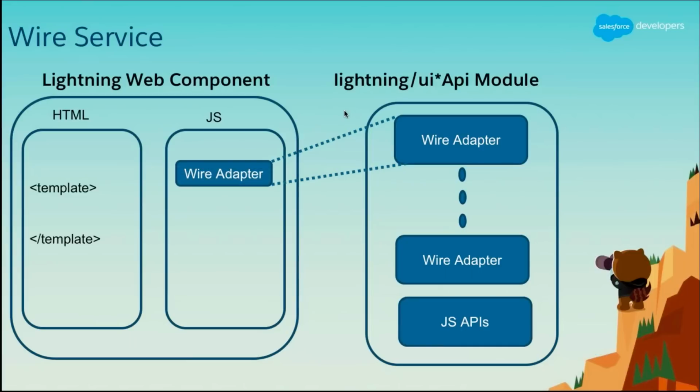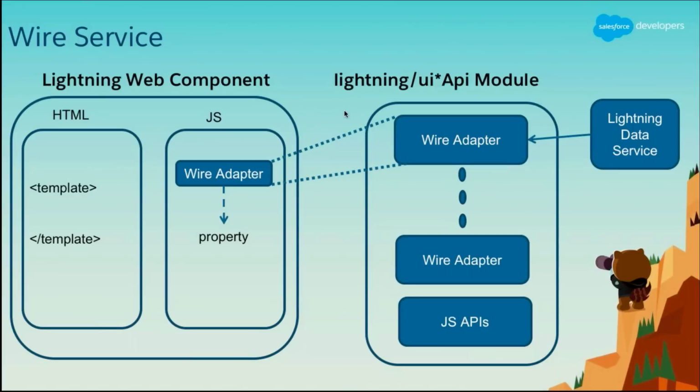This wire adapter has to be imported in the JavaScript code of your Lightning Web Component. Then the wire adapter can get the data from your Salesforce org using Lightning Data Service and UI API. Once it has the data, it updates either a property or a function. Again, it's your choice. I'll show you both the options, how to work with a property and a function.